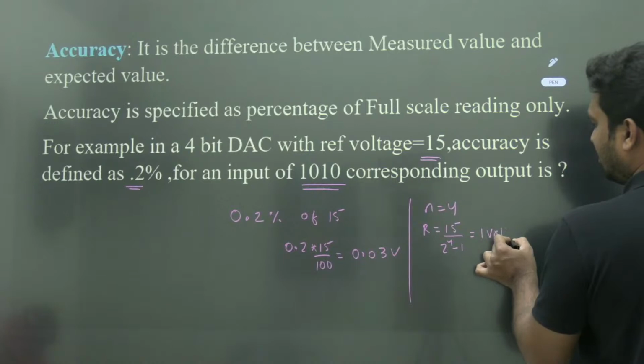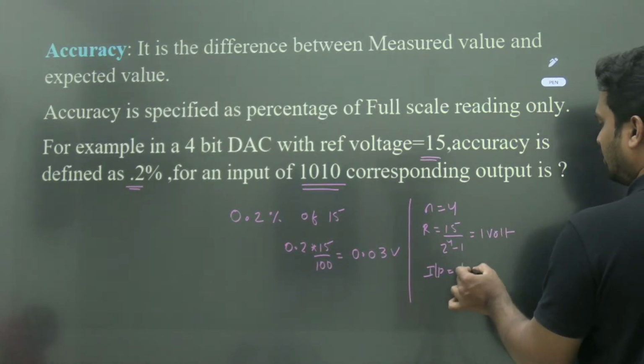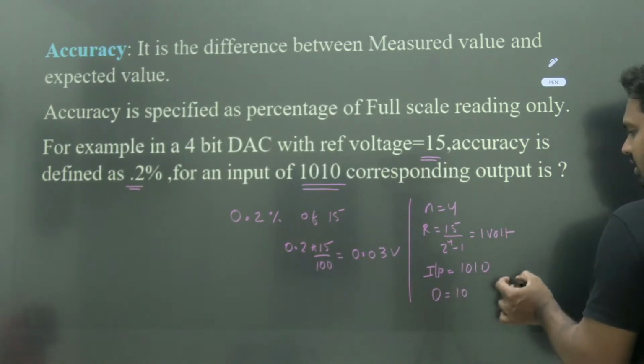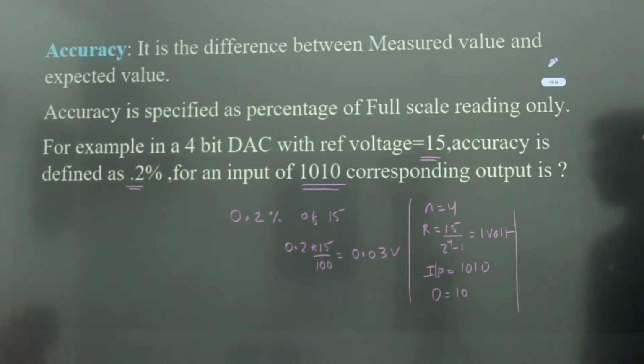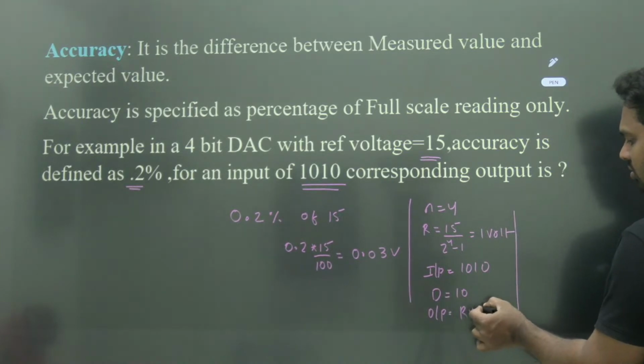1 volt. Okay, so if the input is equal to 1010, what is the decimal equivalent of 1010? 10. So the output expected is resolution into decimal equivalent.